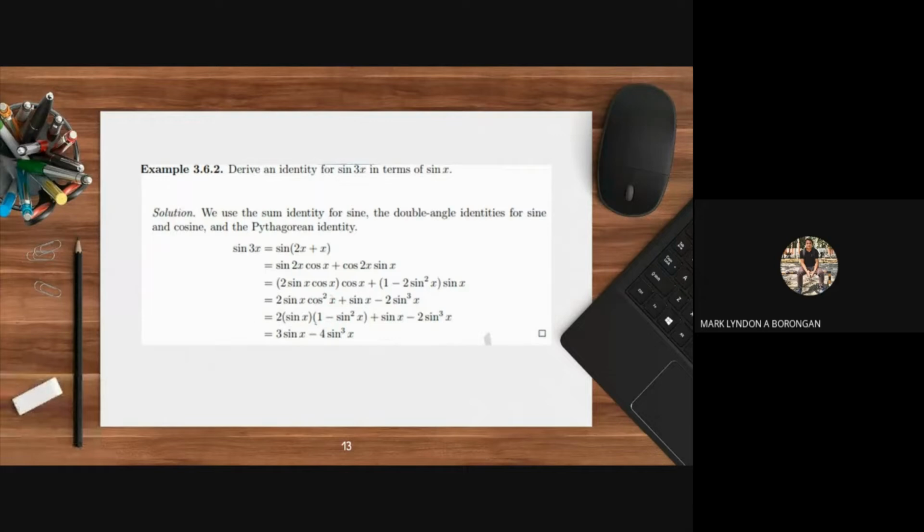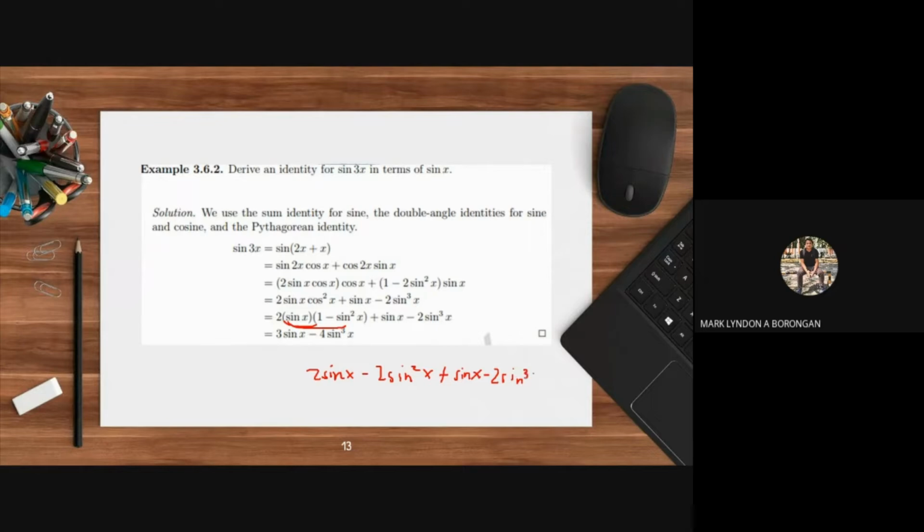So now, let's distribute the 2 sine x. You'll get 2 sine of x, and then distributing the 2 sine x, you'll get negative 2 sine squared x plus sine x minus 2 sine cube x.